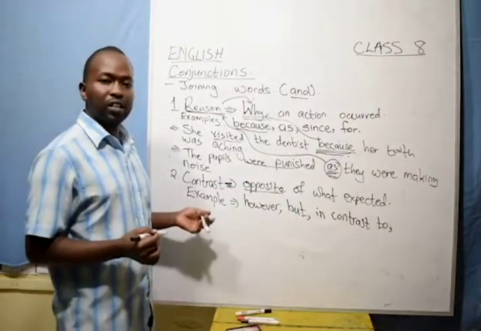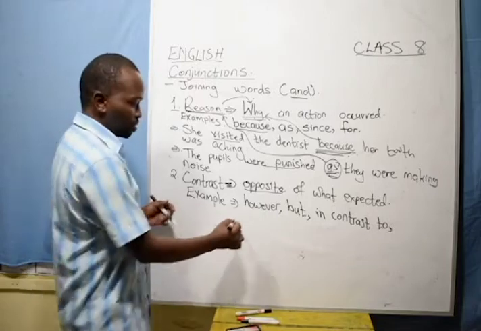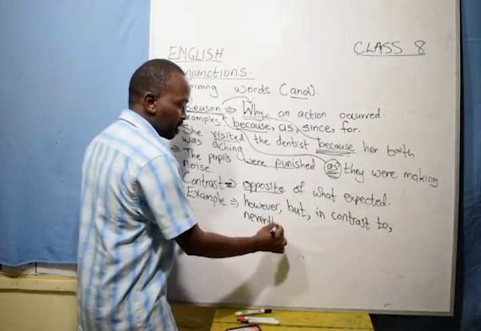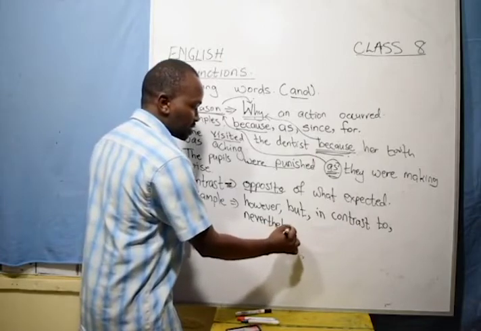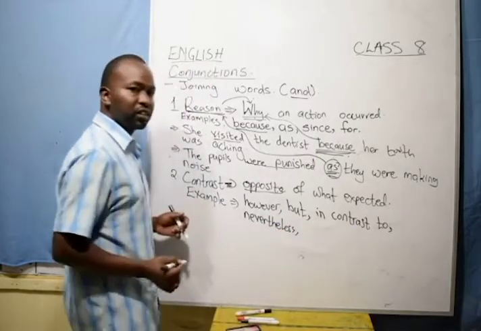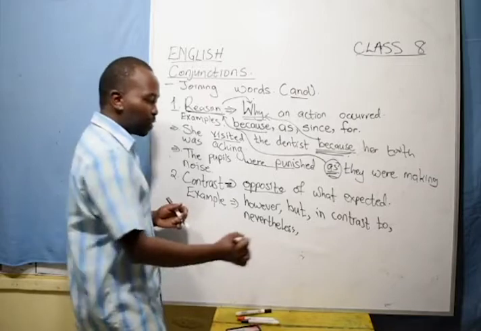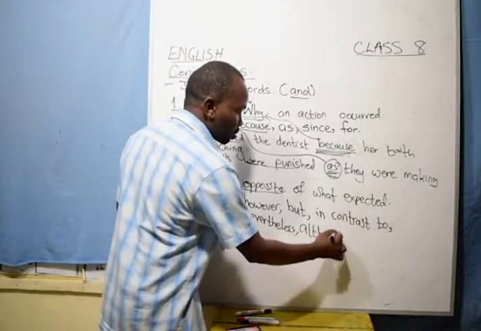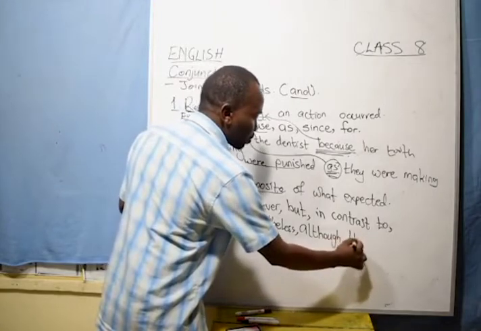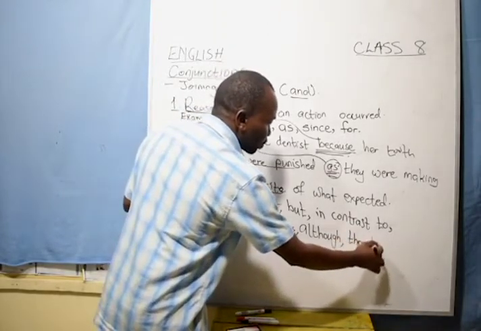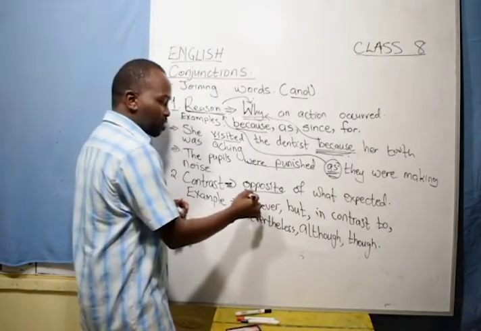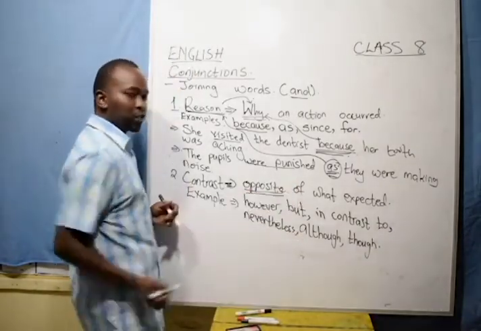Another conjunction, very good, we have nevertheless. Another conjunction would be although. Very good. You have the conjunction although, you have also the word though. Now, all these words tell us the opposite of what was expected.